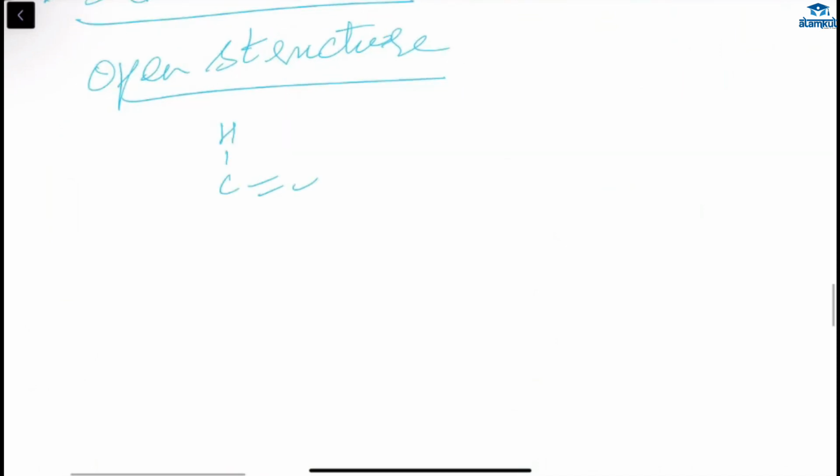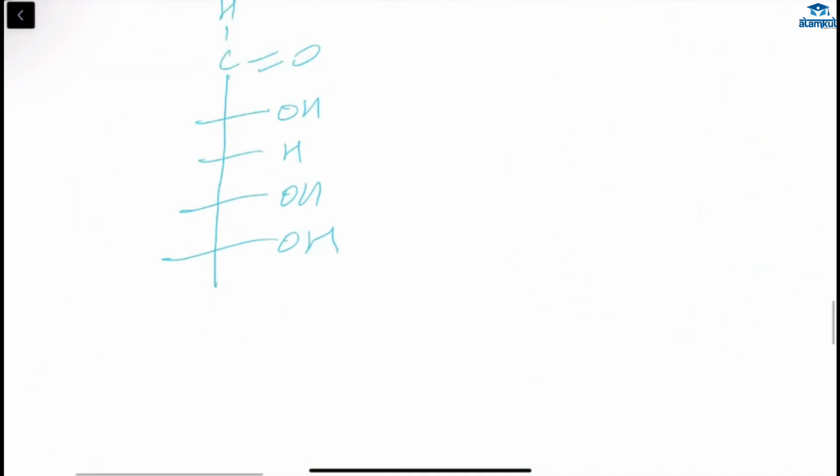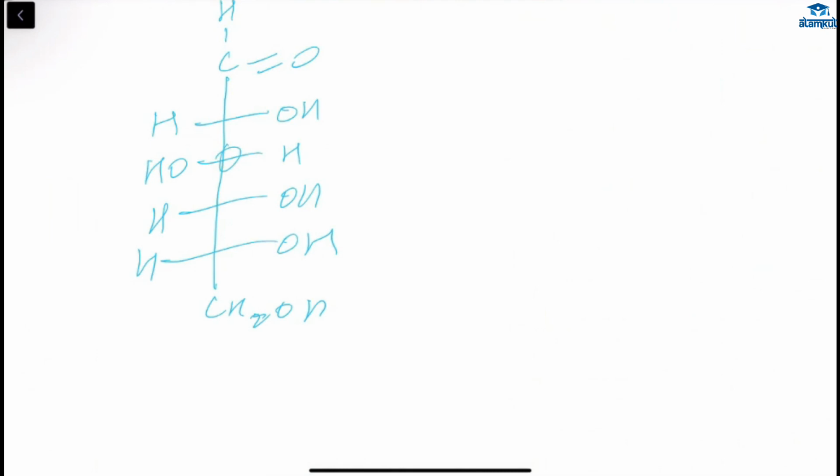On hydrolysis, it will be open, and then simply going down the molecule: OH, H, then OH, OH, and then you have the CH2OH. And on the opposite side H, OH, H, and H. The only difference is on this position, the third one, not the second one. First, second, third. The position of hydrogen on the third carbon atom is reversed. Otherwise, all the structure is the same. This one is the open chain or straight structure.